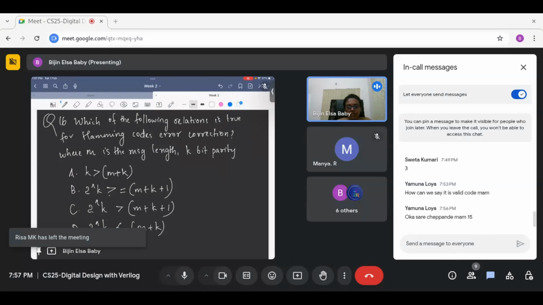Next question is, which of the following relations is true for Hamming code error correction?